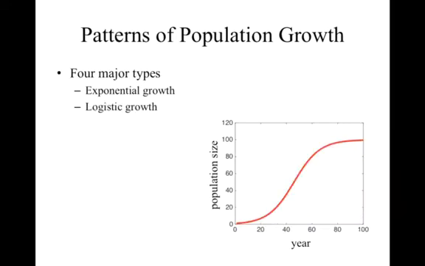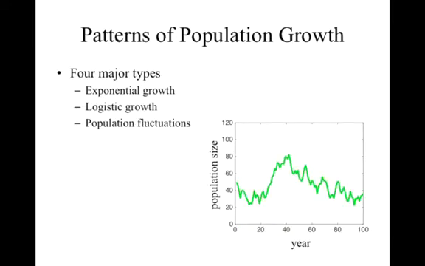The next pattern of population growth we've also seen is logistic growth. And again, this is where the population grows rapidly at first, but then that growth rate slows down because resources become limited. So really, you might think that's where it ends. But there's a couple of other things that can happen, not so much when you just consider births and deaths, but when you consider some other factors.